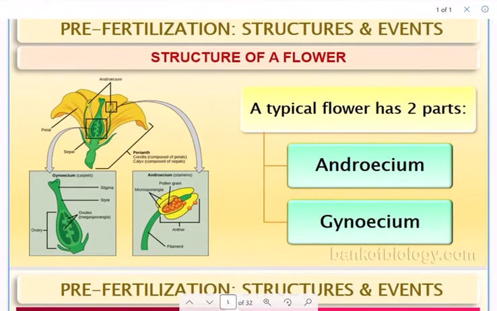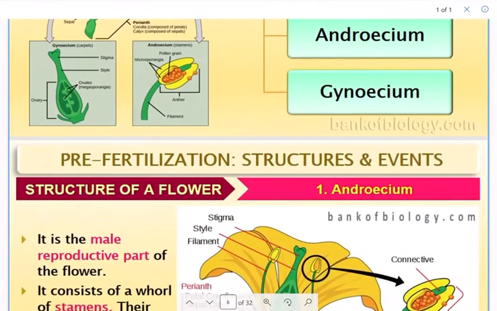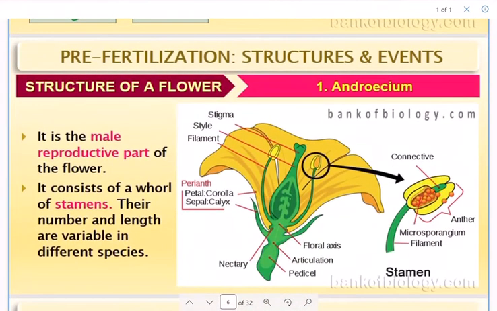So calyx, corolla. Then why is the flower called a reproductive structure? Because of the presence of 2 more whorls. One is Androecium and the next one is Gynoecium. Androecium consists of male reproductive organs and Gynoecium consists of female reproductive organs.